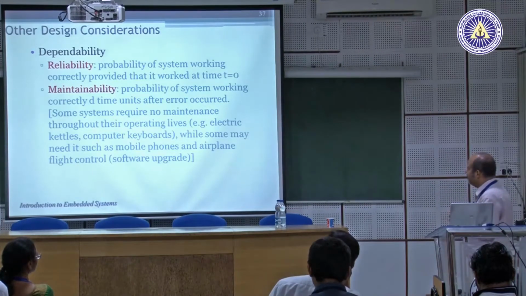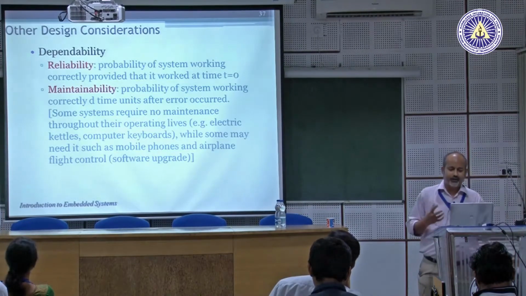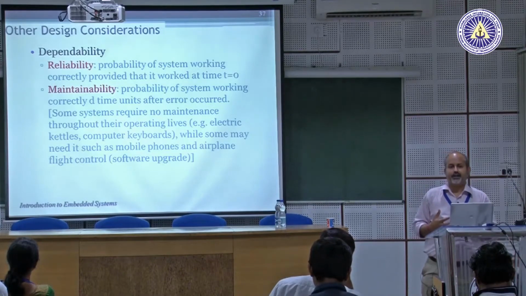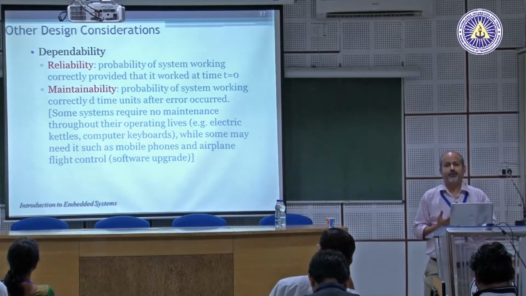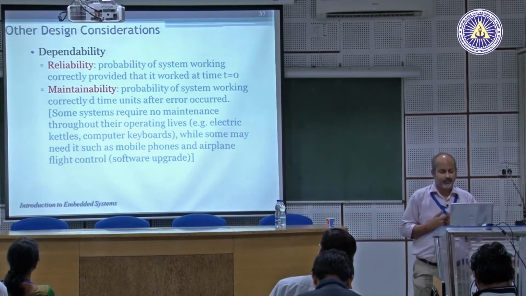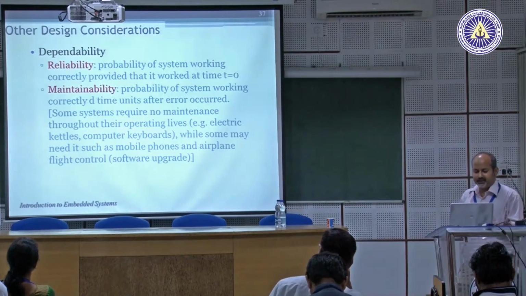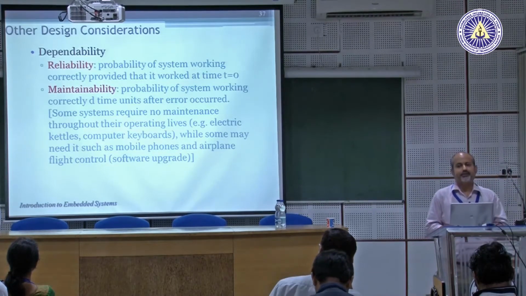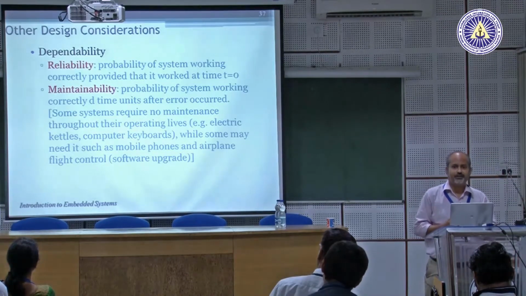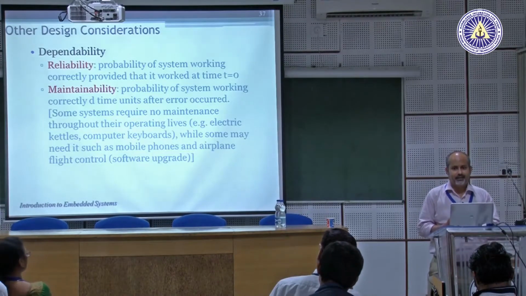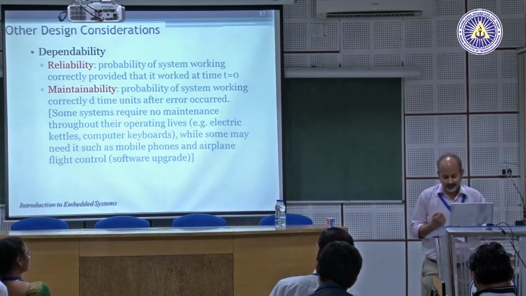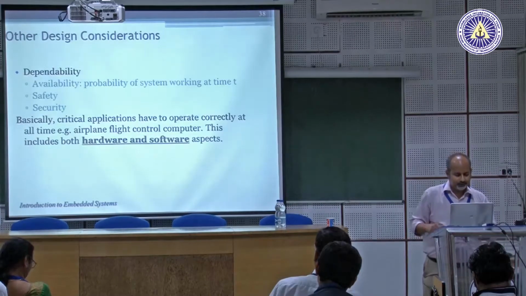Also, if the environment is difficult, like if you cannot do proper heat dissipation, you can actually break your system. And maintainability is, once you have an error, how you can fix it. If you cannot fix the system easily, then you have a problem. So that's something you have to worry about.